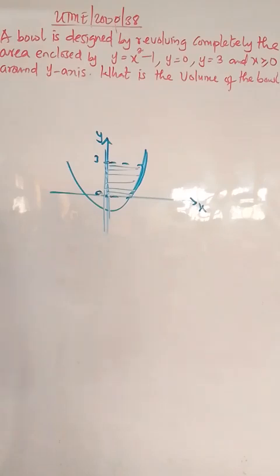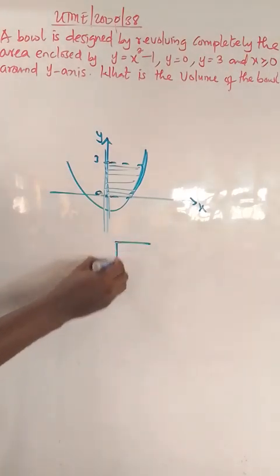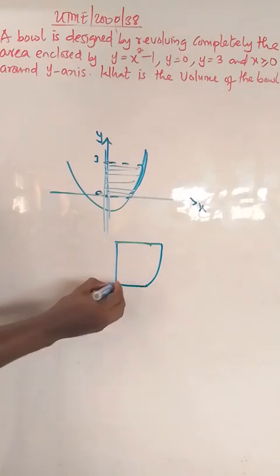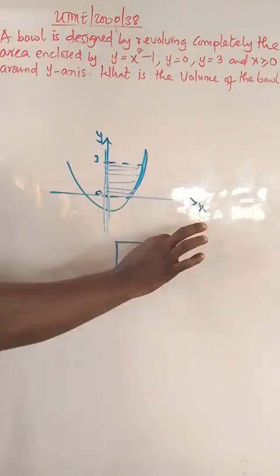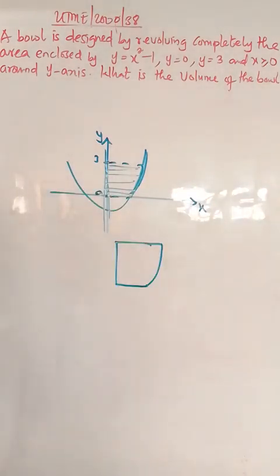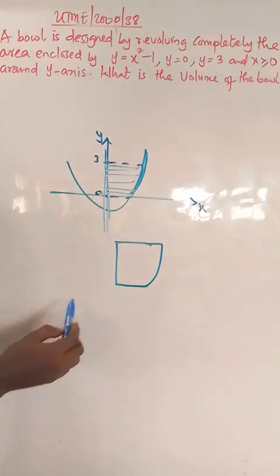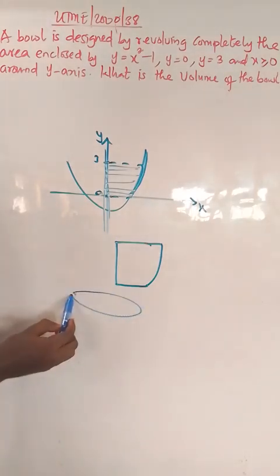So this stripe was rotated along the y-axis. At the end of the day, if this is rotated around the y-axis, we are going to have something like this.